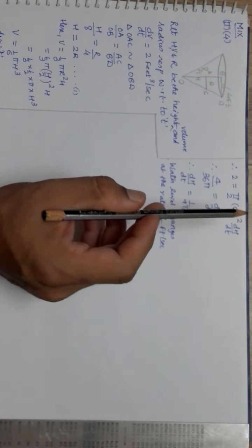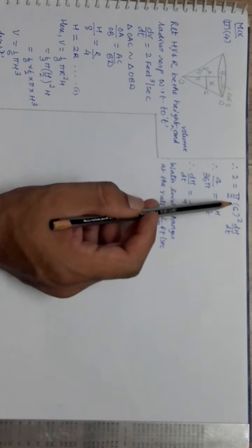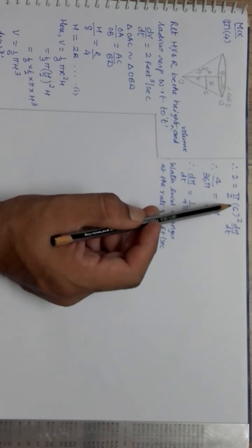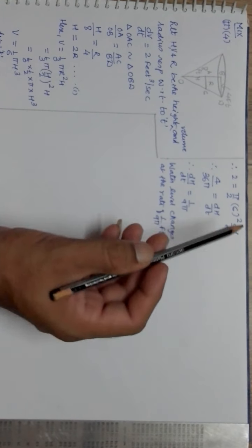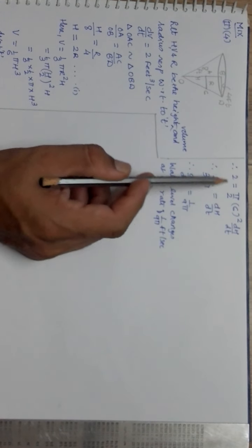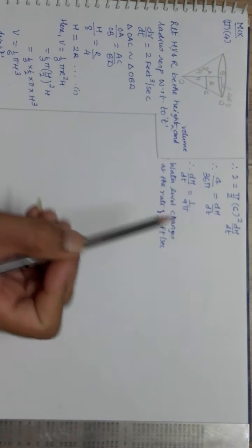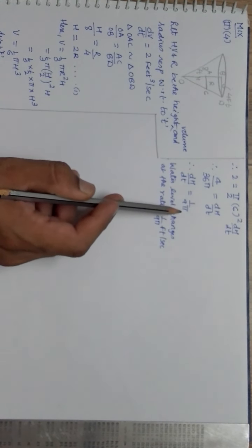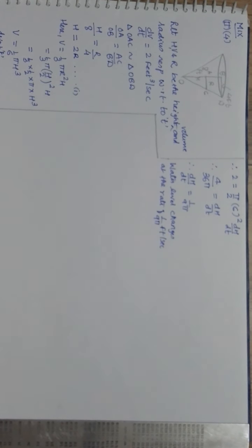Here your dV by dt is 2, then pi by 2, and value of H is 6, so 6 square dH by dt. This 2 multiplies to become 4. This is 36 pi which comes down as dH by dt. So dH by dt is 1 by 9 pi. So water level changes at the rate of 1 by 9 pi feet per second.